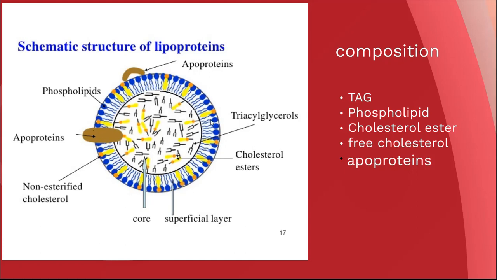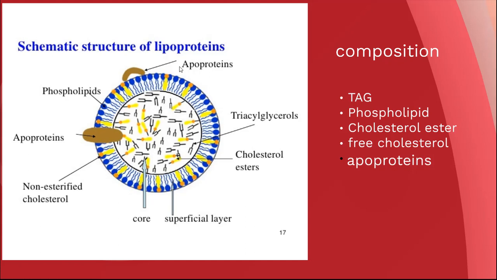They are oriented in such a way that the hydrophilic end faces outwards and the hydrophobic end faces inwards. That makes it soluble in water. We know that lipids are insoluble in water, so they cannot be transported in the blood alone. Lipoproteins are here to transport lipids from one place to another among various tissues and organs.